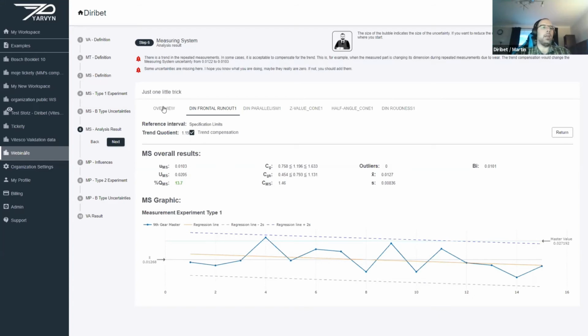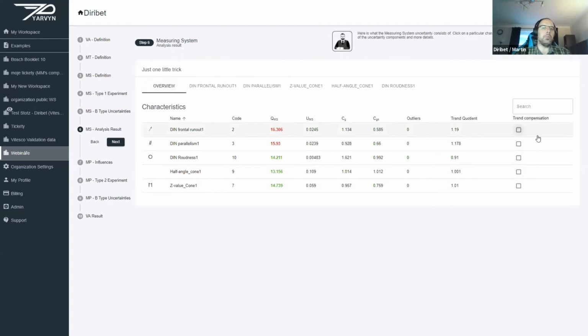I will just show you the other cases we have, because due to trend compensation, here can be three different cases. We have the first two characteristics that with the trend compensation will be better, because you can see the trend quotient is quite high.